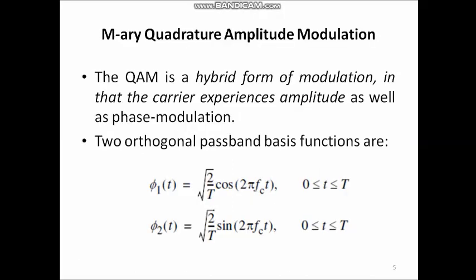Next topic is M-ary quadrature amplitude modulation. Quadrature amplitude modulation, or QAM, is a hybrid form of modulation, in that the carrier experiences amplitude as well as phase modulation. As we have seen in M-ary PSK, there we have a circular constellation.